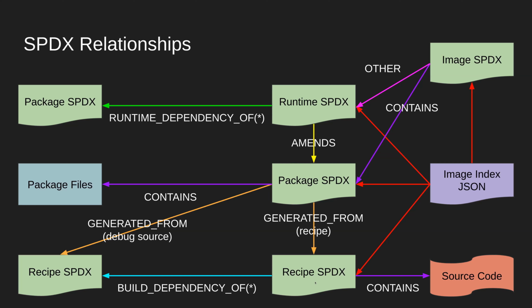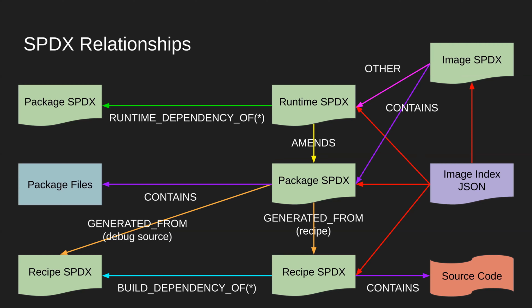But something else that's very powerful that we can do is trace binary packages back to other source code dependencies in other recipes based on the debug source. The classic way that this happens is with static libraries. A lot of times if you compile a static library into your application, it's very difficult to know that that's even happened post-mortem, but also then to figure out where that library came from.